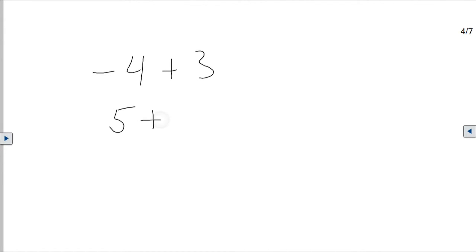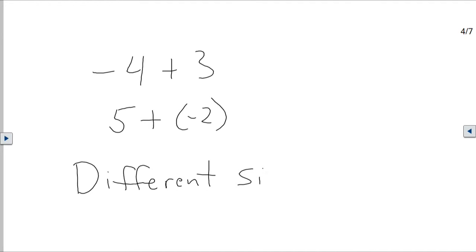If we want to add different numbers together, -4 plus 3, 5 plus -2, notice we have different signs. So mathematically, if we want to end up at -1, 4 to the left, 3 to the right, we'd be at -1 on a number line.